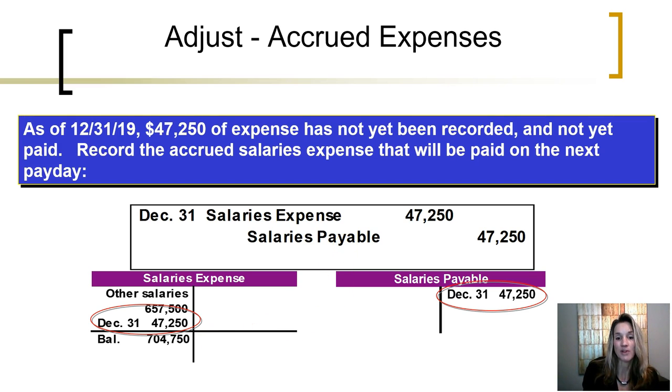As of December 31st, the company has a liability to pay its employees $47,250. That liability will be paid at the next regular payday, which is not until 2020. Even though it's only in 2 days, it's still a liability as of the Wednesday of 2019.